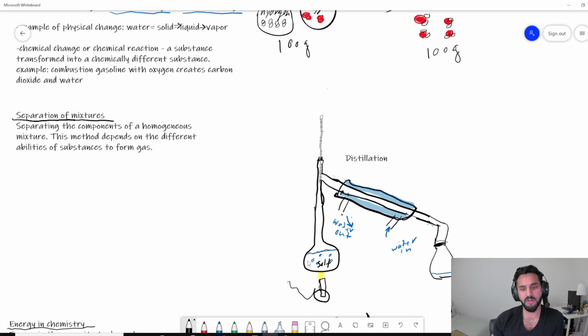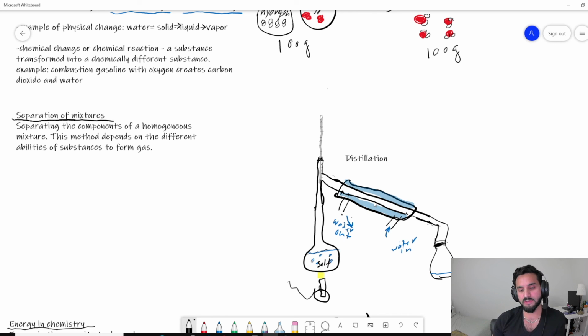For example, if I have some water mixed with salt, and I have this fire apparatus underneath it to make the water boil and eventually evaporate, the water gas will eventually go through this tube, go to the right, passing this thermometer, and then through this cooling station.